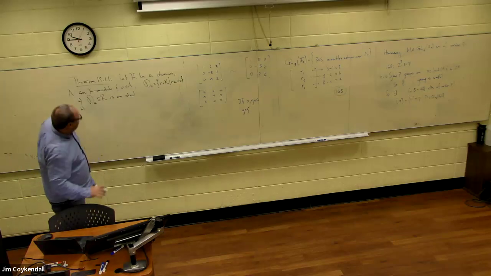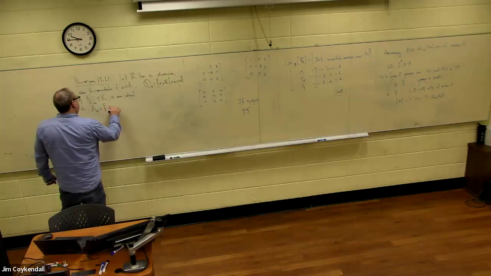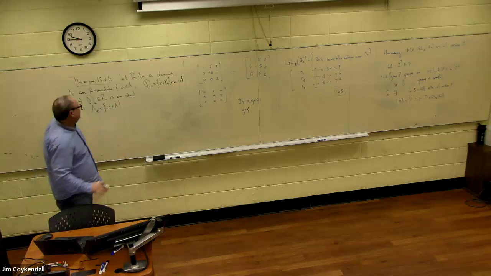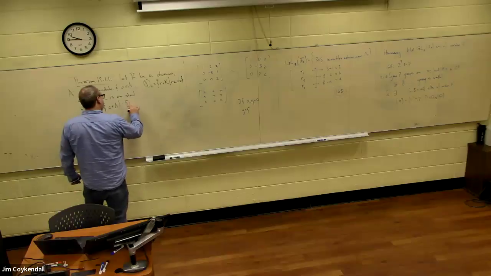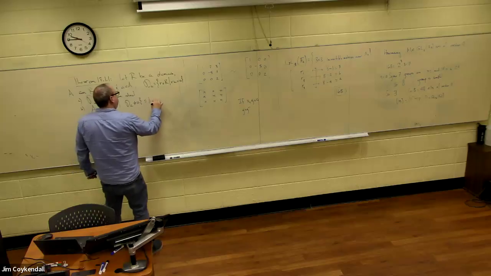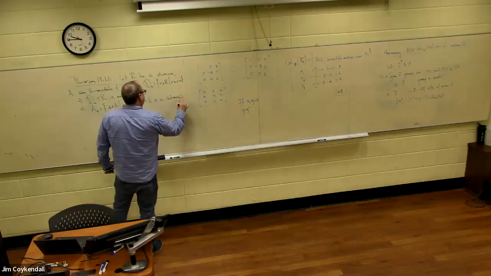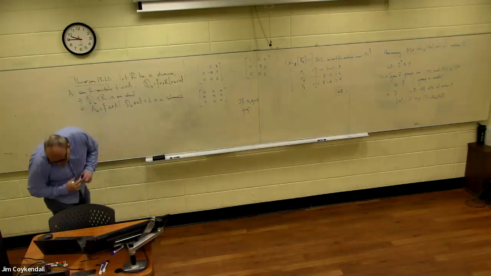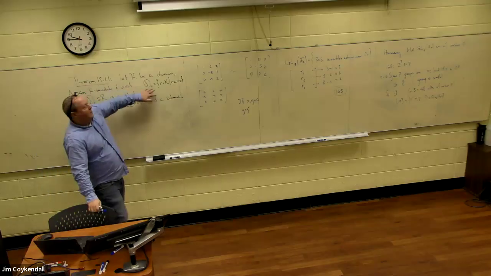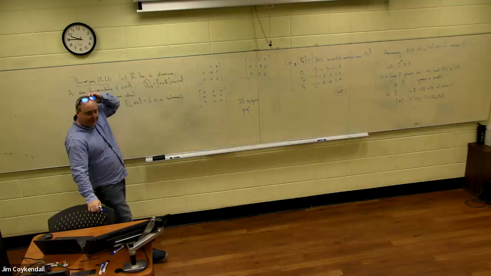B, A sub T. This is the set of A in A such that D of A is non-zero. It is a submodule. So let me point out that, of course, one thing that is always in D of A, no matter what A is, is zero, right?